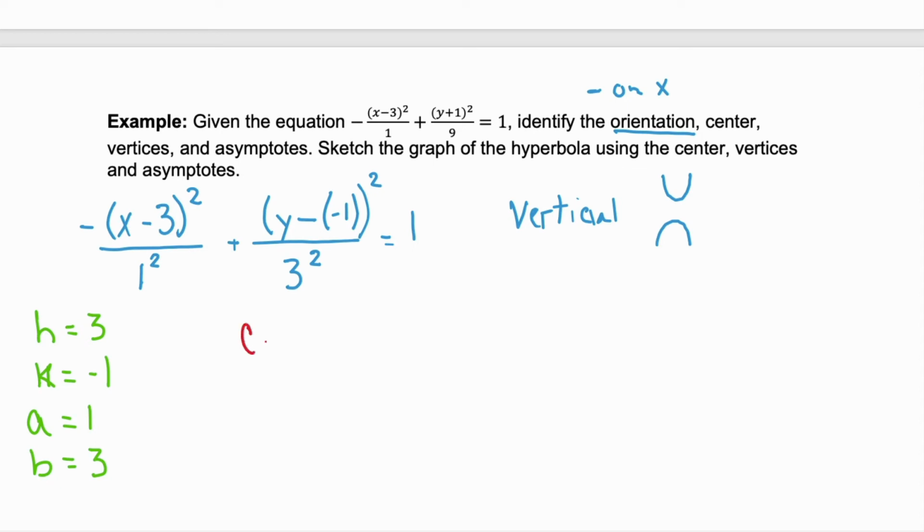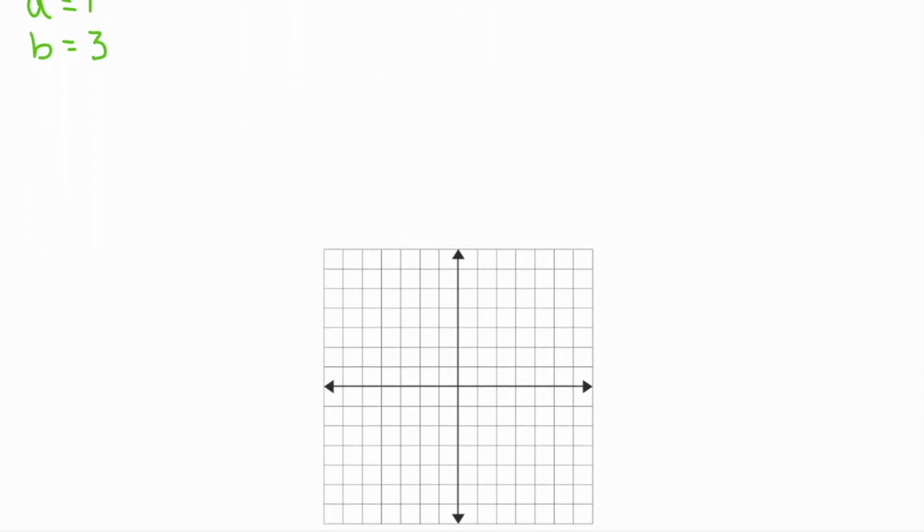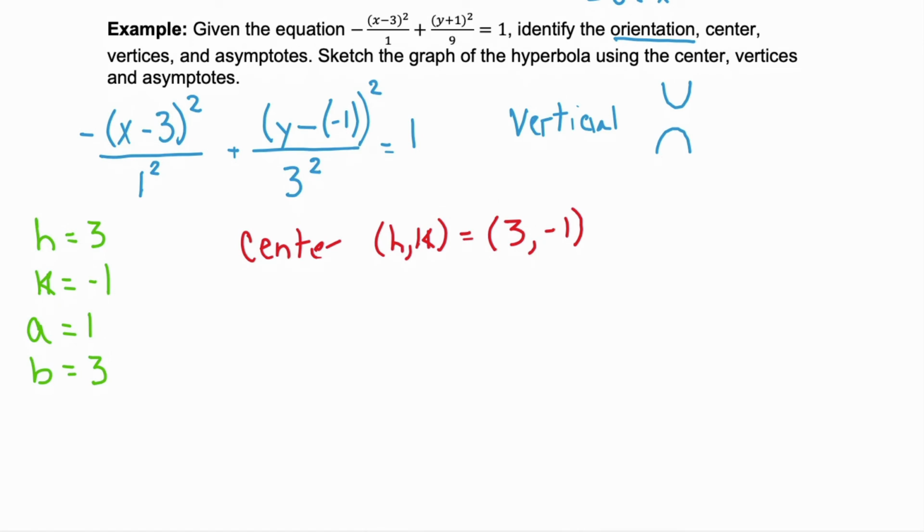We need to identify the center, and we know that our center is the point (h, k). So that is the point (3, -1). Let's plot that real quick. There's our center, (3, -1).